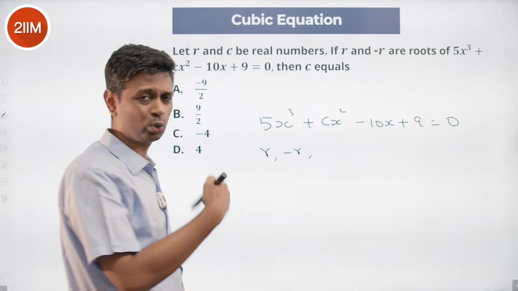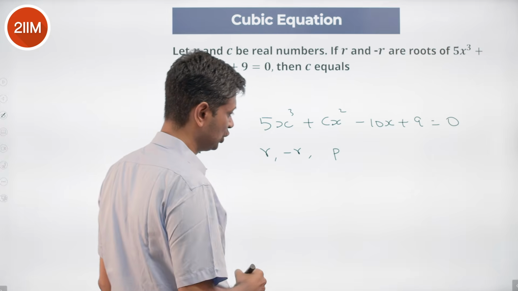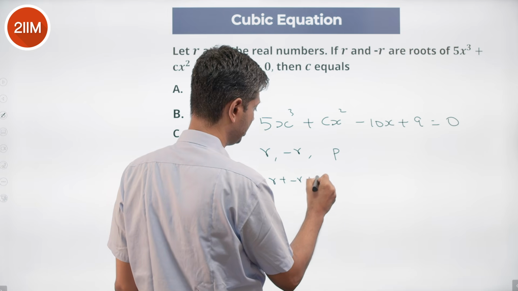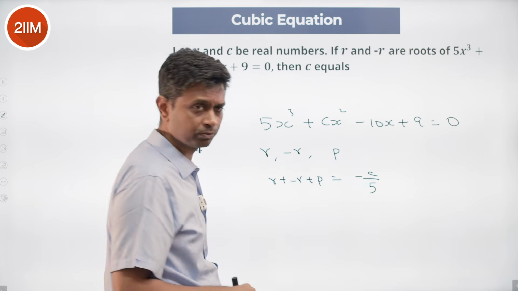Let the third root, with 3 roots, a cubic equation, the third root be P. Sum of the roots will be R plus minus R plus P equals minus C by 5.